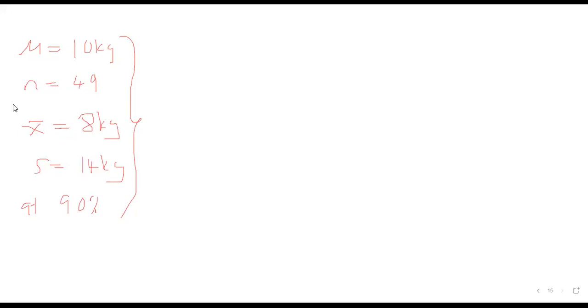The null hypothesis is mu is equal to 10 kg. And the alternate hypothesis is mu is not equal to 10 kg. Okay, correct. Now step 2.